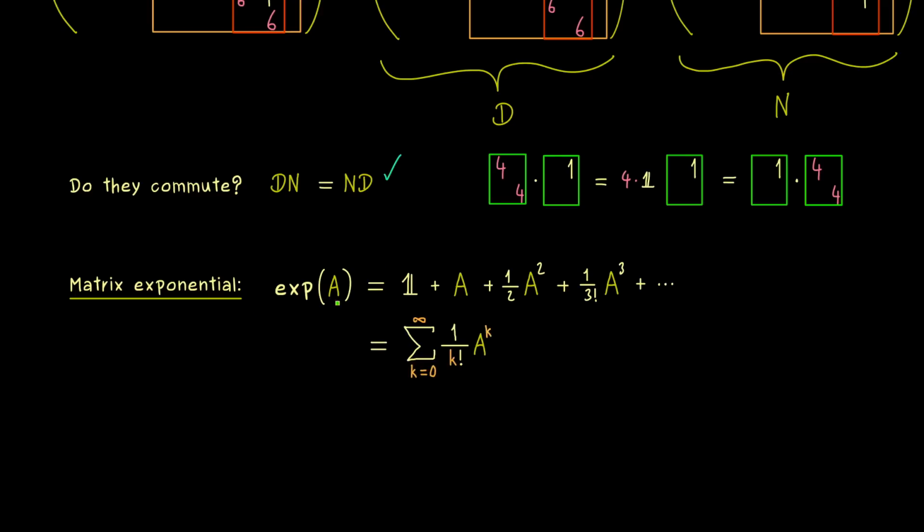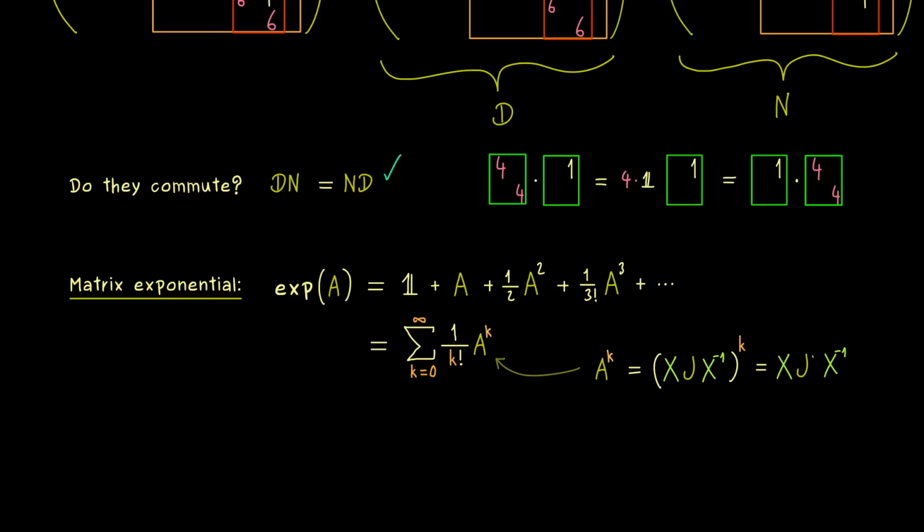And obviously the short notation for the whole series can be written as the sum of 1 over k factorial times A to the power k. And now you might already guess that this power A^k can be transformed into a Jordan normal form. In fact, this is quite simple if we already have the Jordan normal form J for A. This means we have (X J X inverse) to the power k. And there you should see we can just put all the matrices together, and in the middle X inverse and X will always go to the identity matrix.